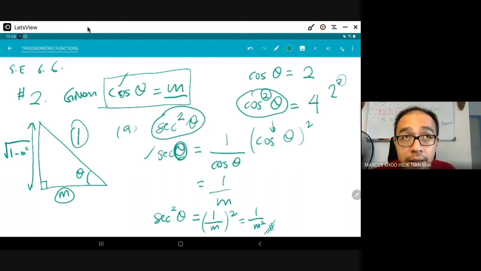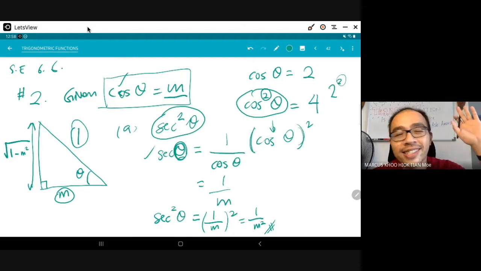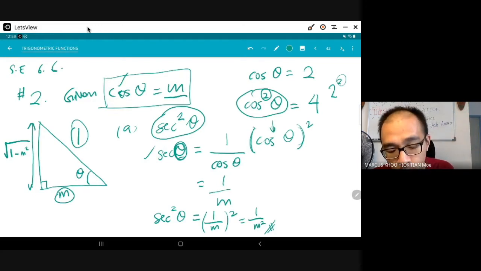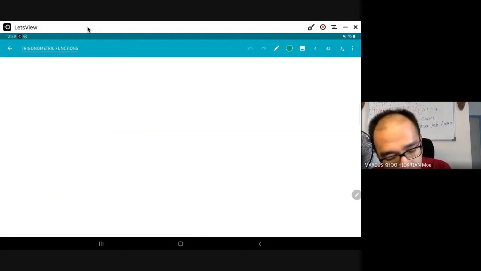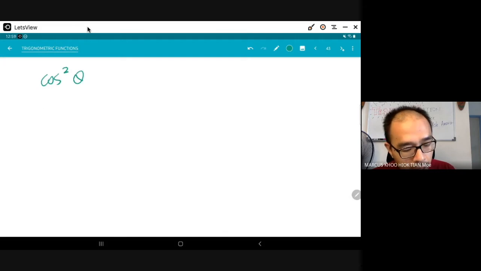Okay, why did they decide to write it like that instead of writing it like this? You have to ask the mathematical gods. I have no idea why they wrote it that way. I suspect it's because they don't want to write so many brackets. Because guys, cos squared theta and cos theta squared are two totally different things.